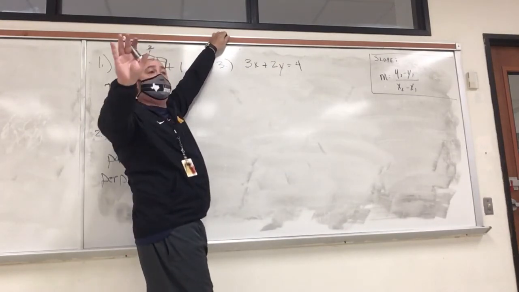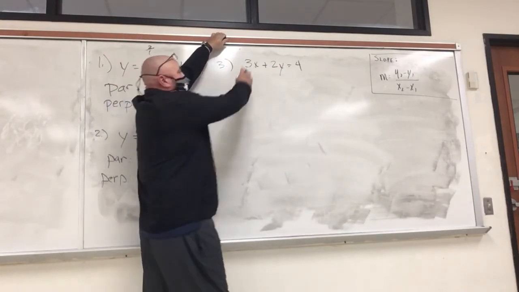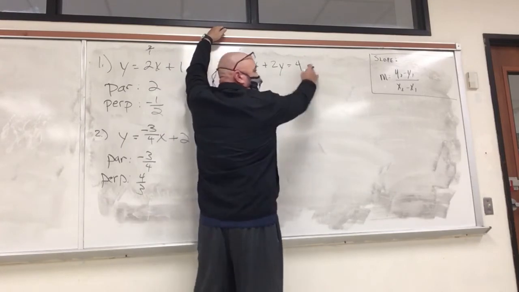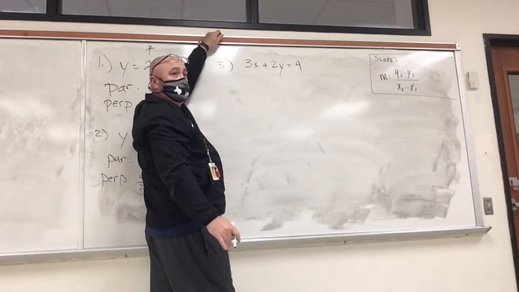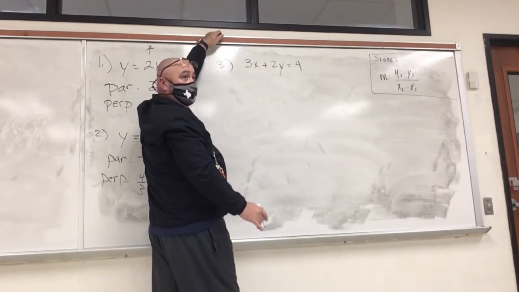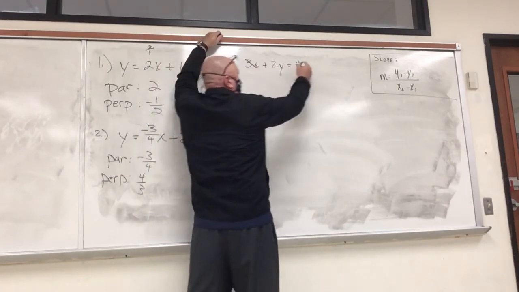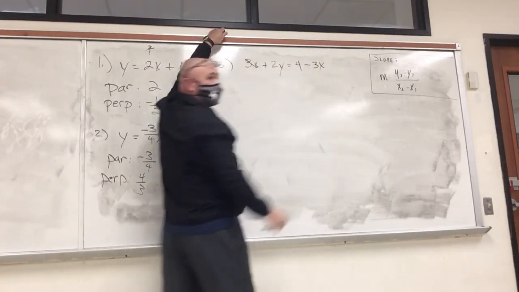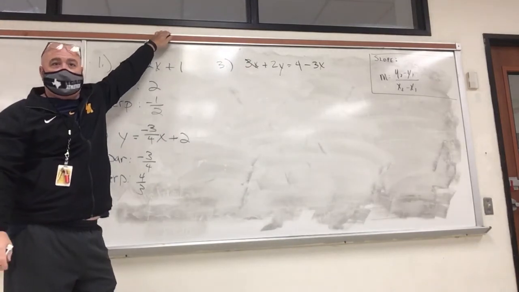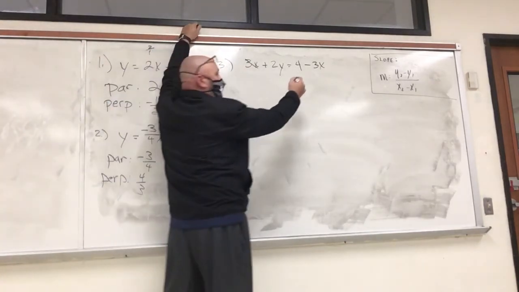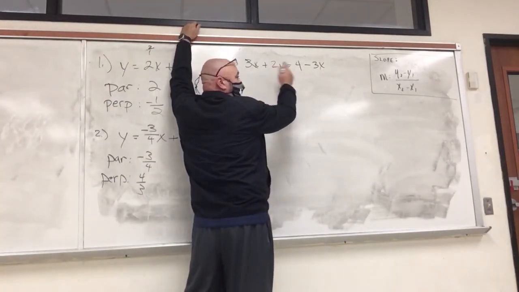Don't panic, don't worry. Move x over here by subtracting it, -3x. And then how did I get rid of that 2? Divide it.